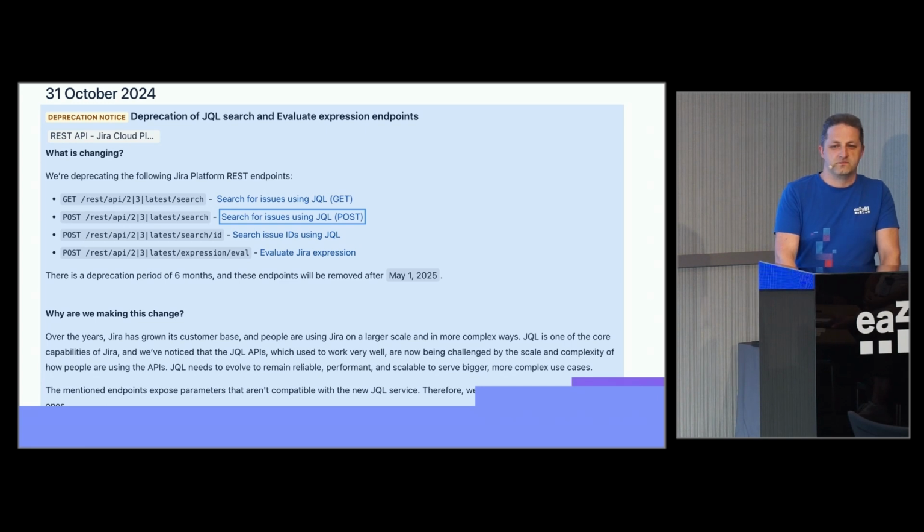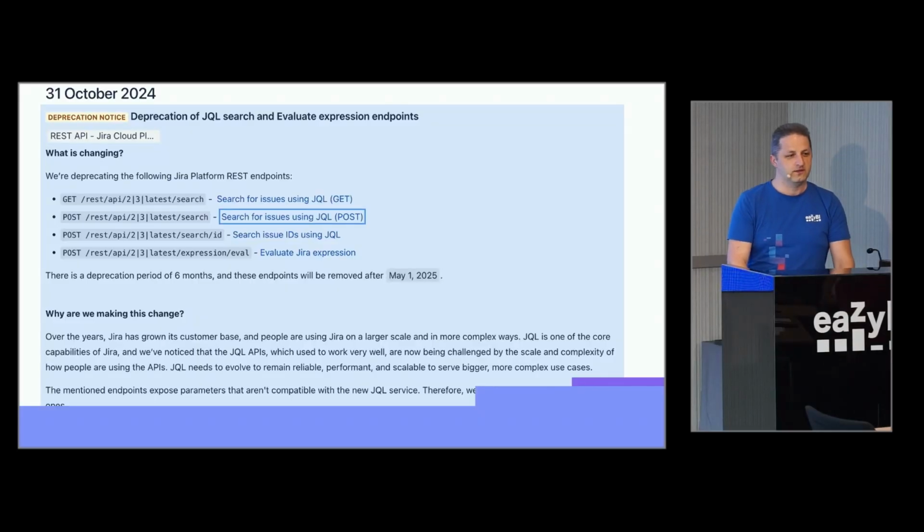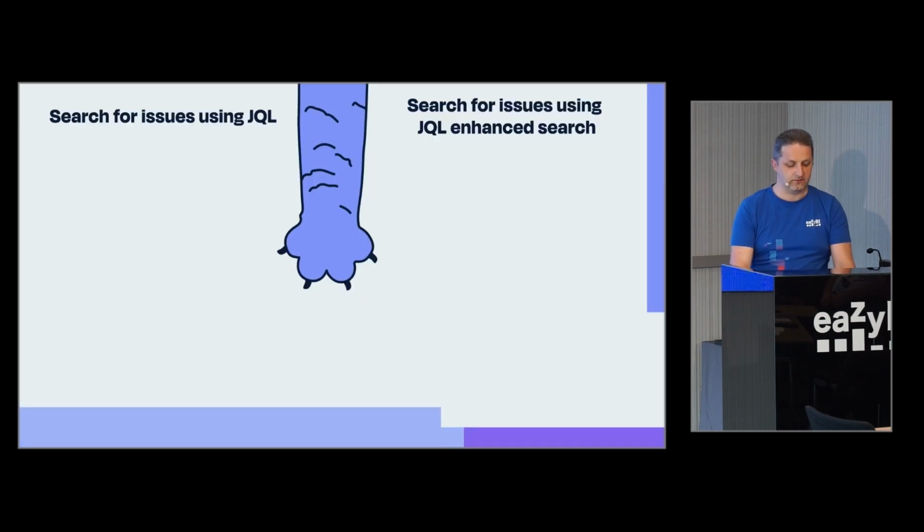It means they have created a new and better approach to performing JQL search in the cloud. That also means that 22 days ago, all the old endpoints were supposed to be removed. Fortunately, they aren't removed yet. But the date is May 1st.